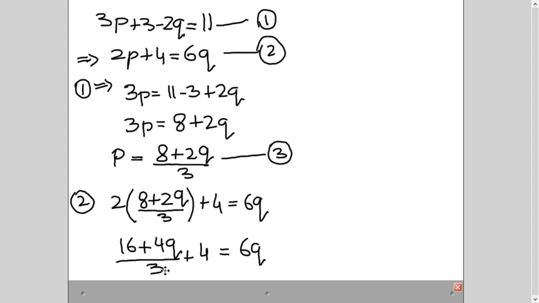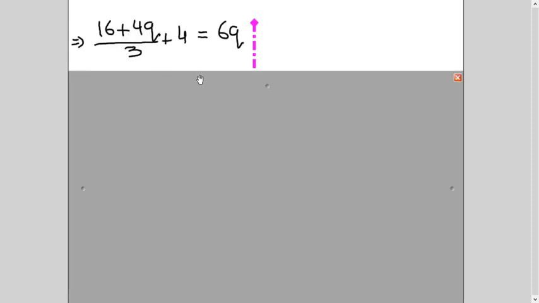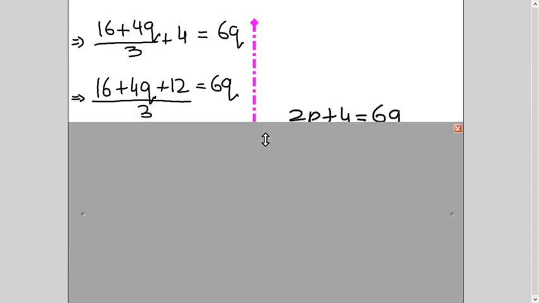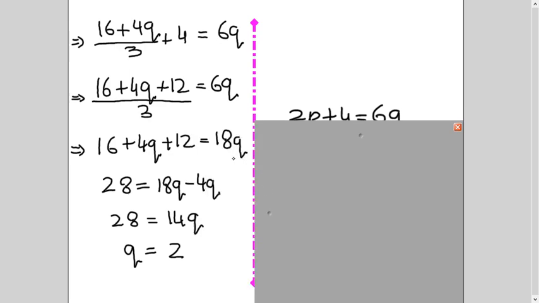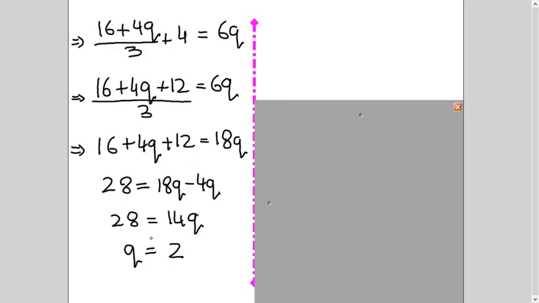After that, I will take the LCM, and then I will cross multiply. So now I have taken the LCM here, 3 4s are 12, and then I'm doing cross multiplication. After cross multiplication, I'm simplifying it to get the value of q.